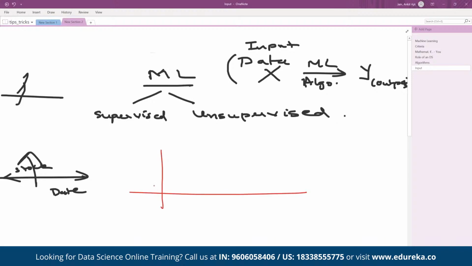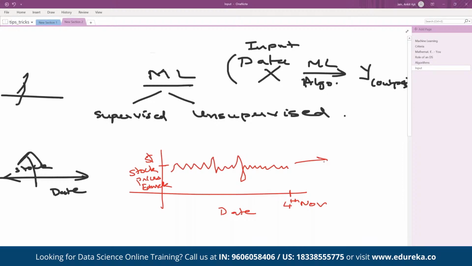Suppose we are creating a graph of stock prices, say Edureka has a share, and we want to see the behavior of Edureka with respect to date, 4th of November. We know the prices till today. Suppose these are the Edureka share prices, in dollars.